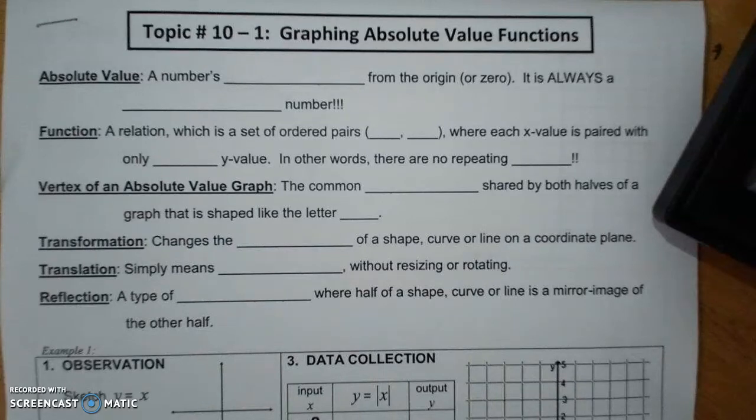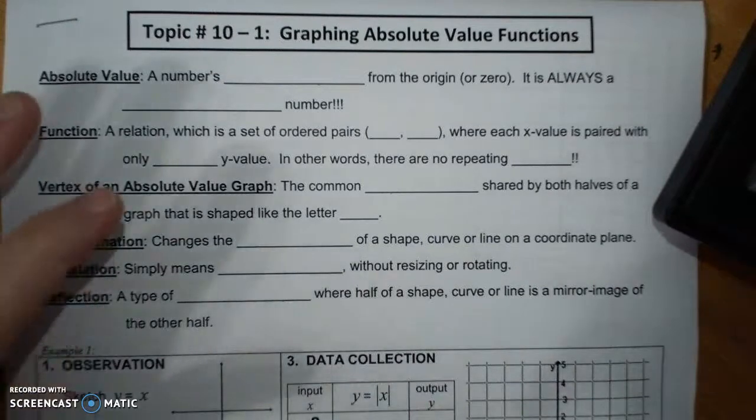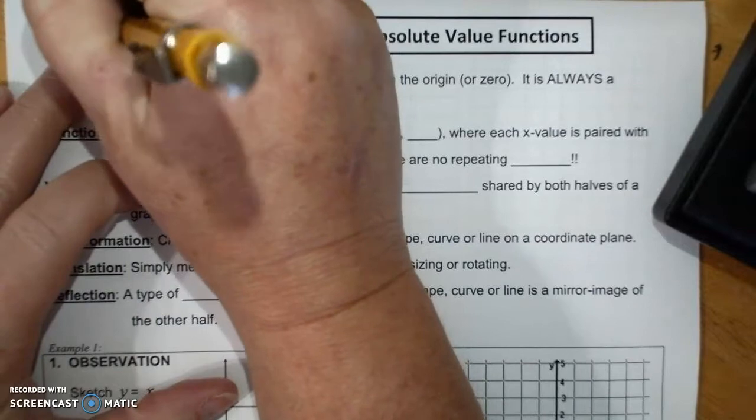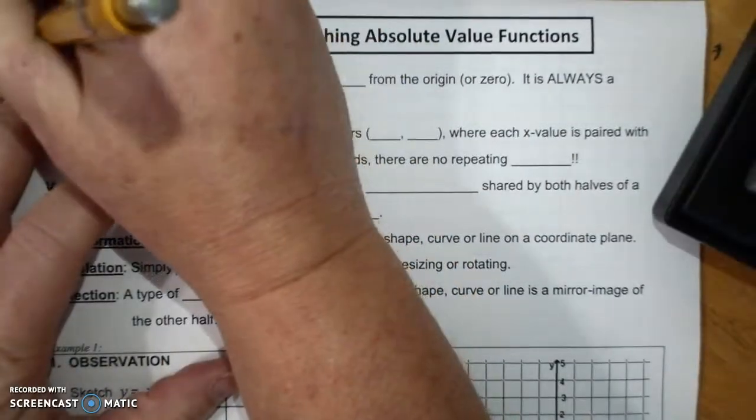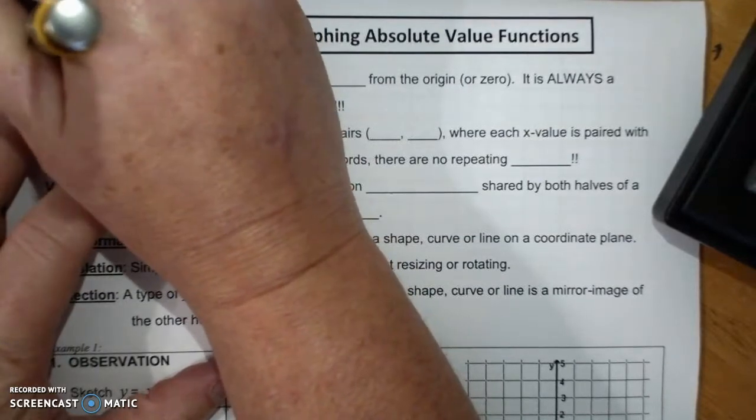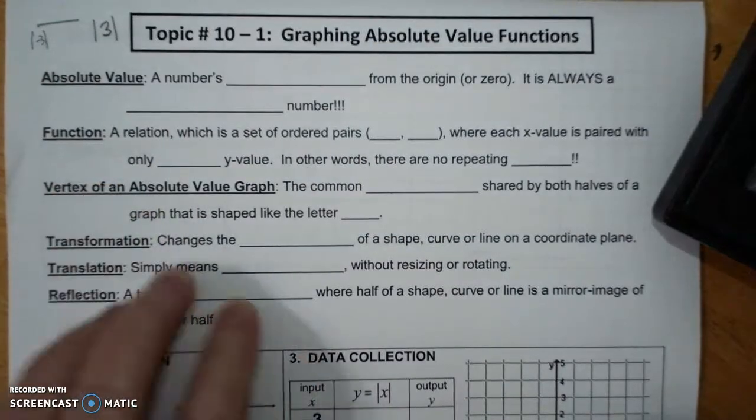This is Unit 10, and we're going to start out Unit 10 by graphing absolute functions. We have done absolute values before, where you have the absolute value of 3, which is 3, or the absolute value of -3, which is also 3.